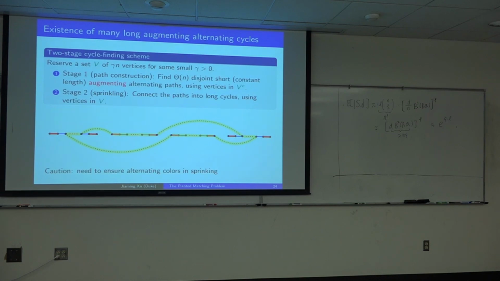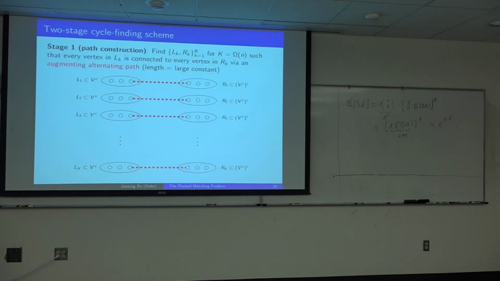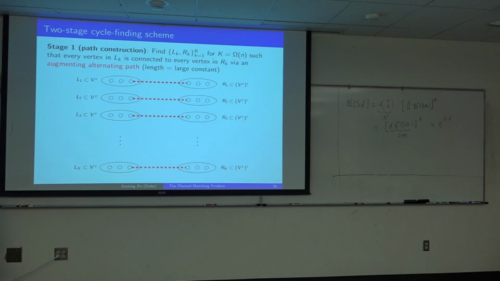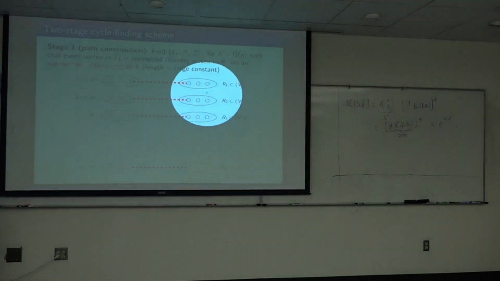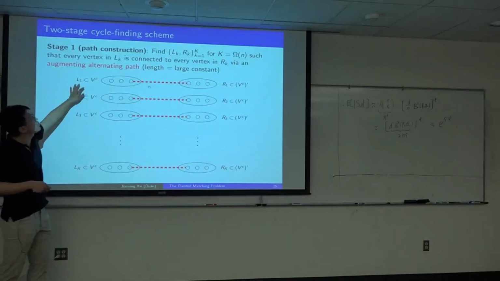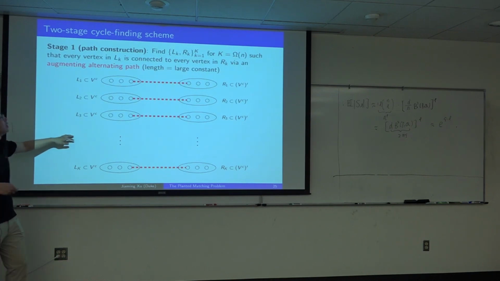Okay, so next, let me tell you how we can actually construct this. I'll keep track of time. This cycle finding scheme breaks down into specific steps. In stage 1, I'm going to use the non-reserved vertices and try to find many augmenting alternating paths. So L_k is a bunch of left nodes, for example, and R_k is a bunch of right nodes.